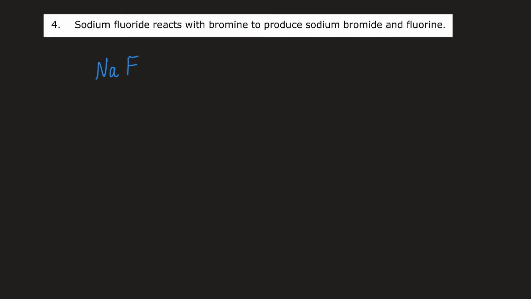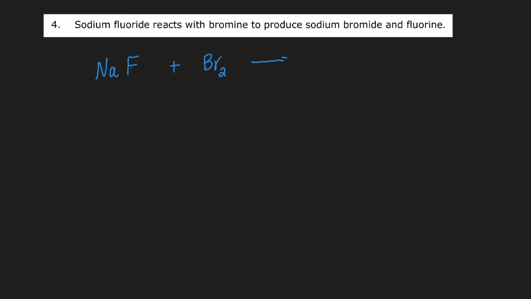Let's see if that's balanced. When you look at the periodic table, sodium is a positive, and fluorine is a 1 minus. So electrically they're balanced. So that's the right way to write sodium fluoride. Reacts with bromine, so it's Br, and bromine is one of the diatomics, so it always comes as a twin or double, 2 of them.